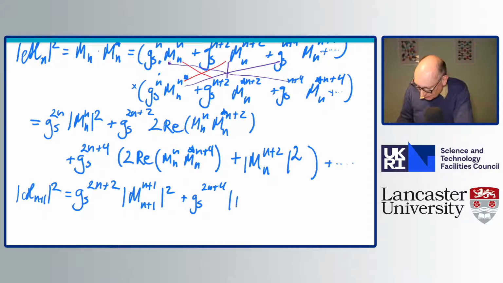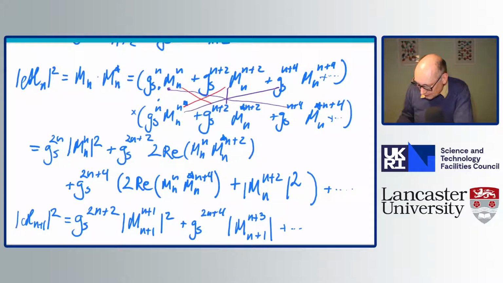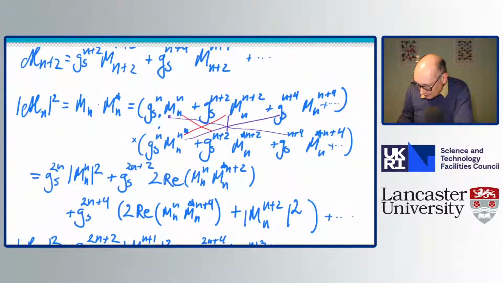And then what we'll have here, if we keep the number of external legs fixed, is n plus 1, n plus 3, right? Because again, we will have to have both an emission and absorption.